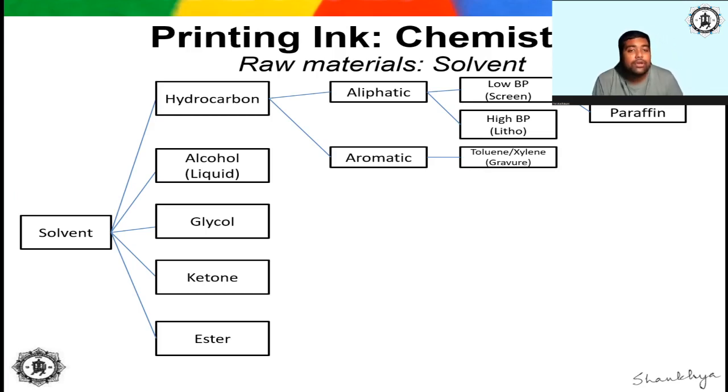Then there is the concept of non-toluene, non-ketone, NTNK, because toluene and ketones are harmful for the human body. During ink manufacturing, as well as during printing with inks which contain toluene or ketone, it is harmful for the people inhaling it, the people on the production floor.